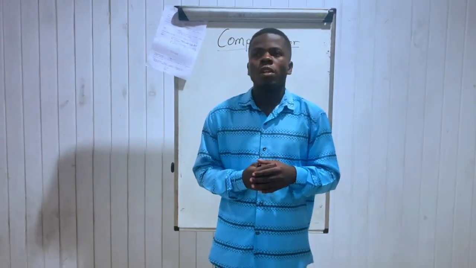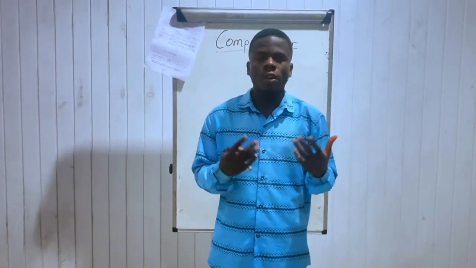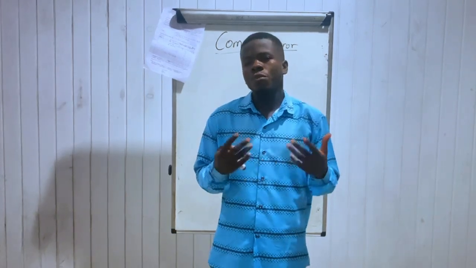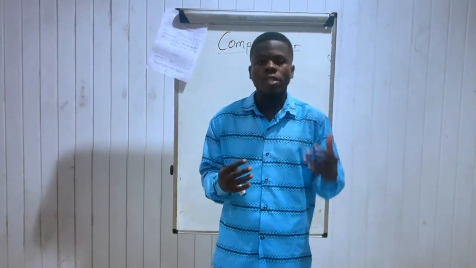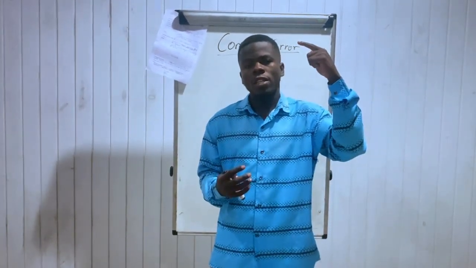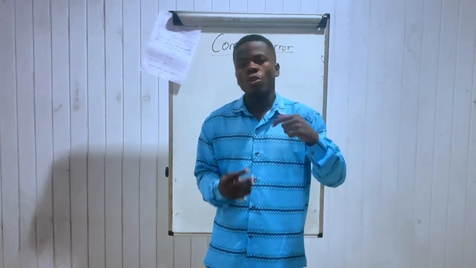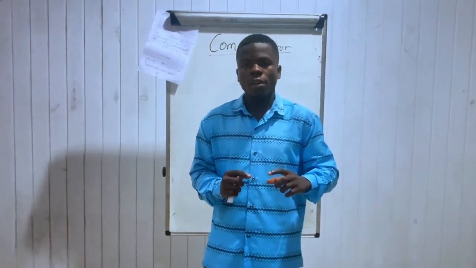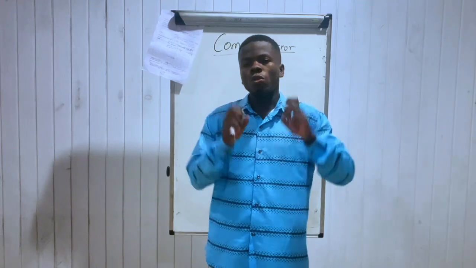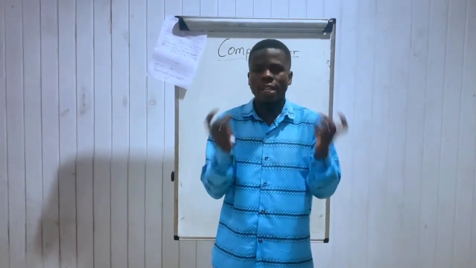Now, you being a cadet or an officer, you have to know how to calculate from compass to true and true to compass. You have to know how to do this calculation.